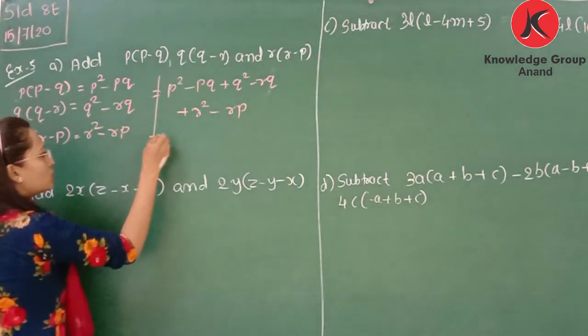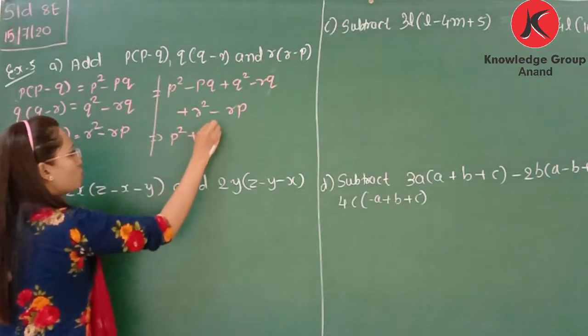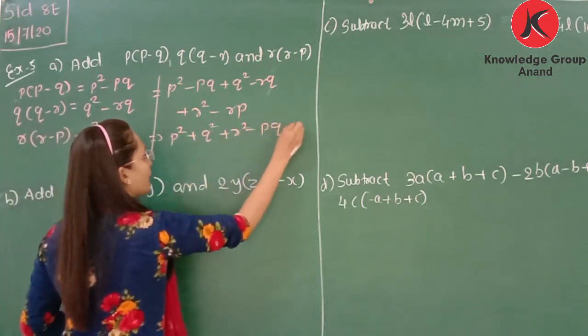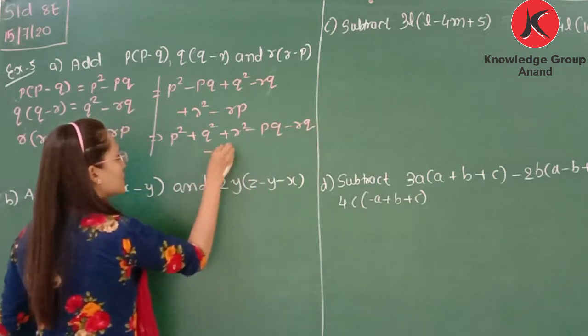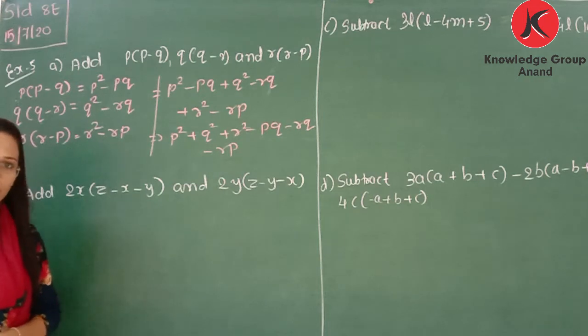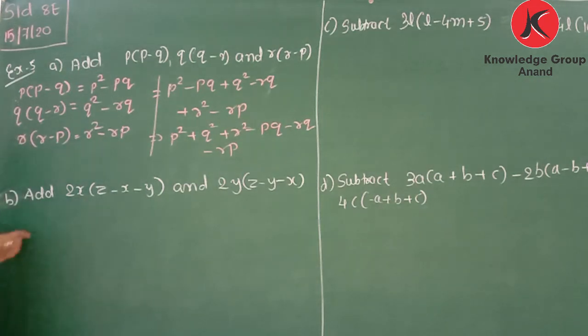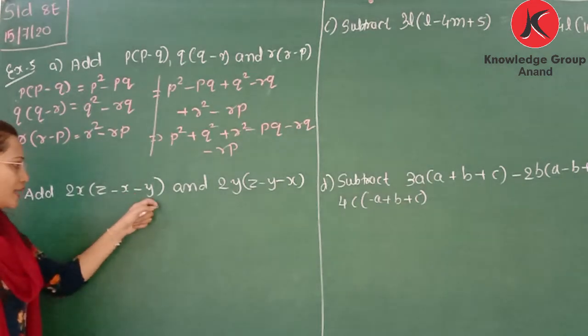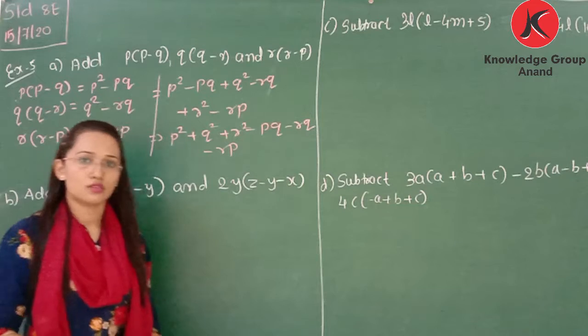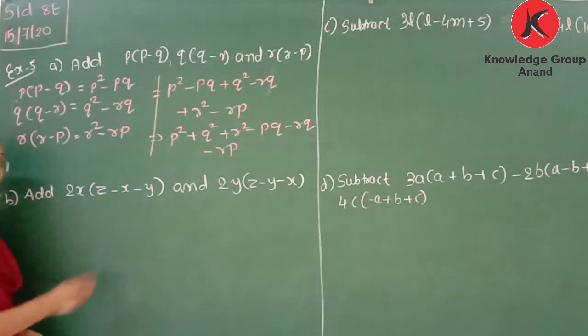So you can arrange it as p square plus q square plus r square minus pq minus qr minus rp. So this will be our answer because we cannot further simplify this. Now add 2x into bracket z minus x minus y and 2y into bracket z minus y minus x. So first of all we will simplify each expression.